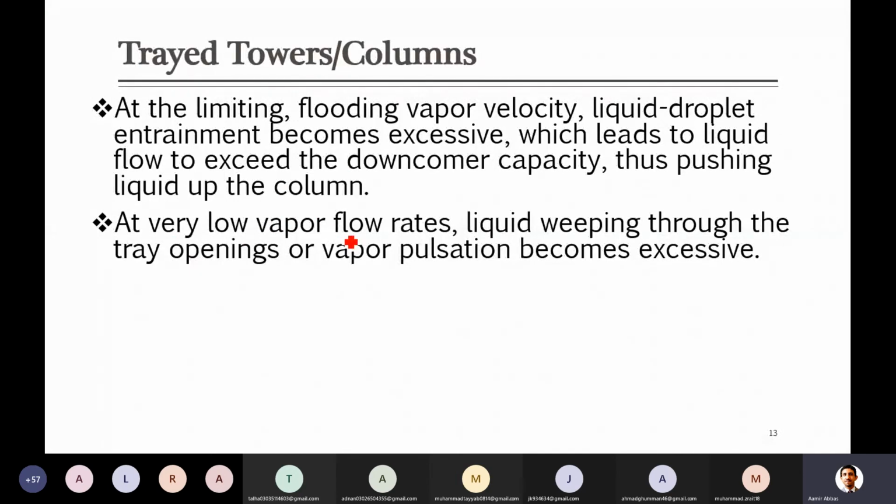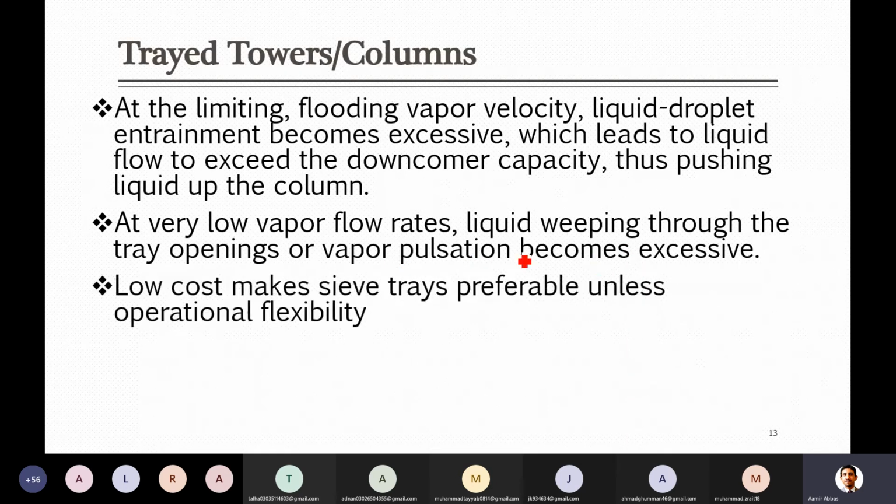Whenever vapor flow rates are very low, definitely liquid weeping occurs, mostly through the spray openings, and vapor pulsation becomes excessive in that case. So actually he is comparing as compared to the trays.